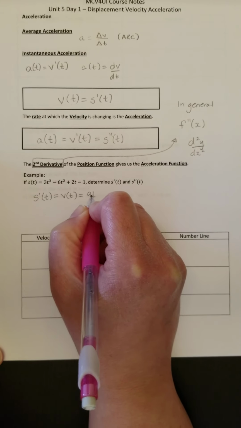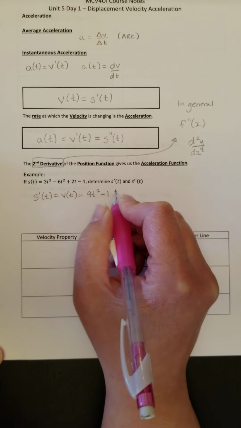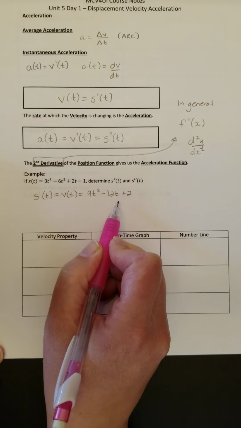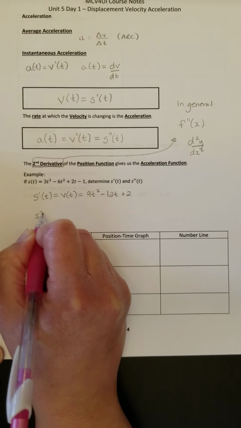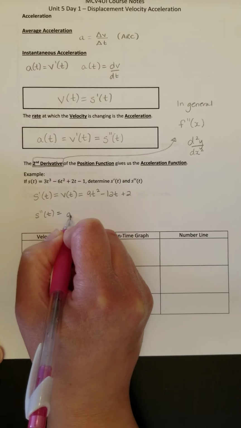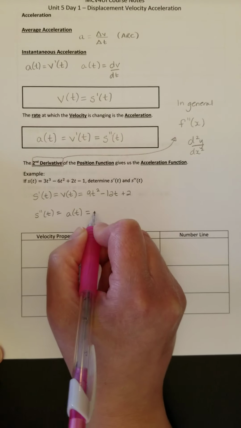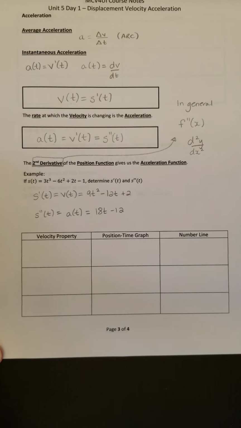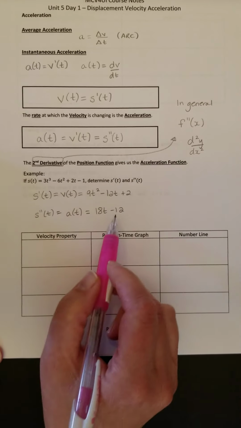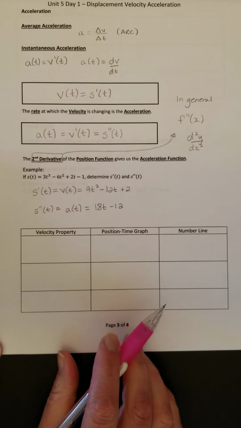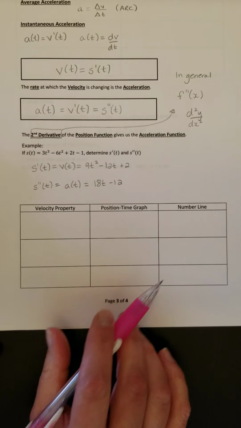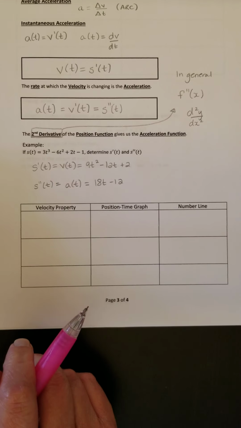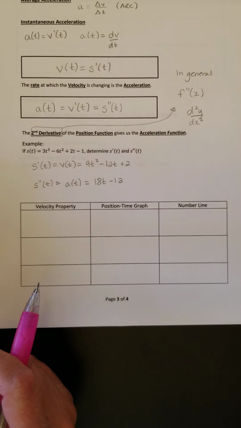So my derivative is 9t squared minus 12t plus 2. So that's the first derivative. The second derivative, or the acceleration function, would be 18t minus 12. Okay, so we can use these to figure out a lot of different things about the movement along that straight line, and how the speed, the velocity, and the acceleration are changing over time.